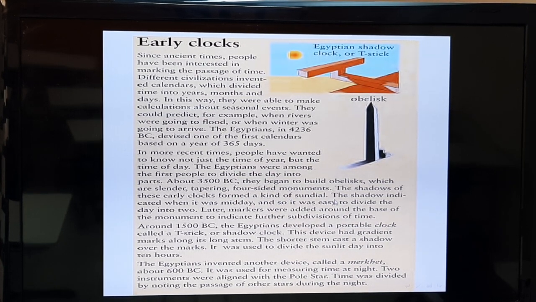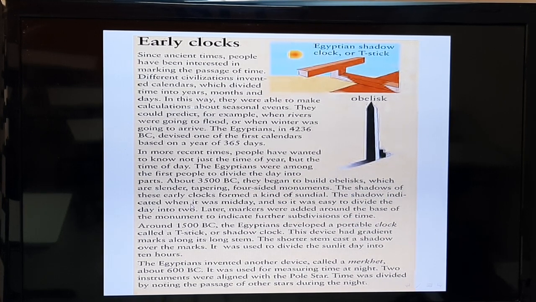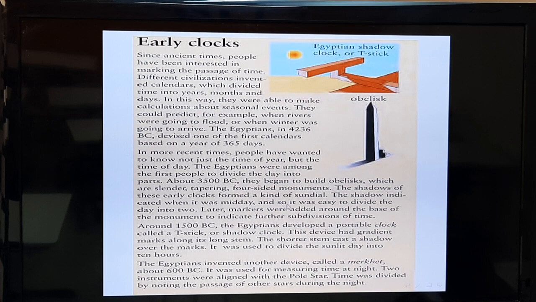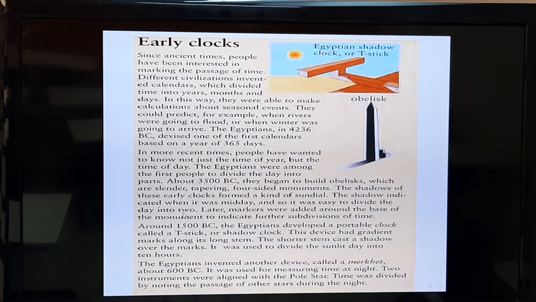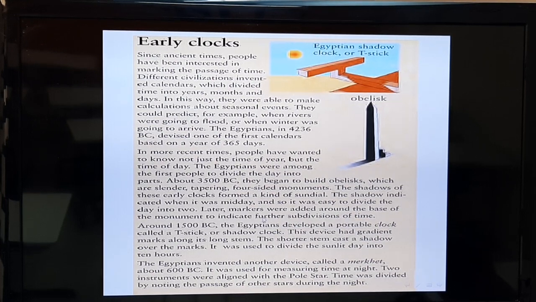The shadow indicated when was midday, and so it was easy to divide the day into two. Later, markers were added around the base to indicate further subdivisions of time.